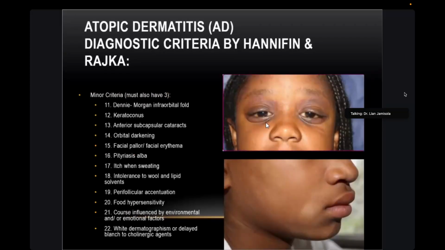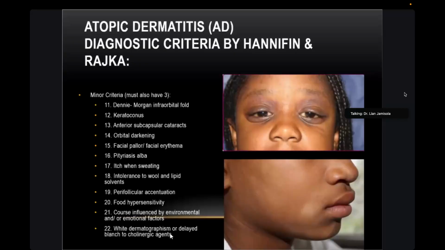Okay, Dennie-Morgan fold, it's this one. No? Infraorbital fold. Parang makapal yung infraorbital, maraming lines din. Orbital darkening is another. Facial pallor or facial erythema. Itch when sweating, intolerance to wool and lipid solvents, perifollicular accentuation, they may have food hypersensitivity.